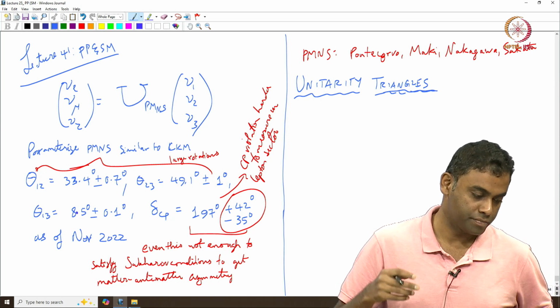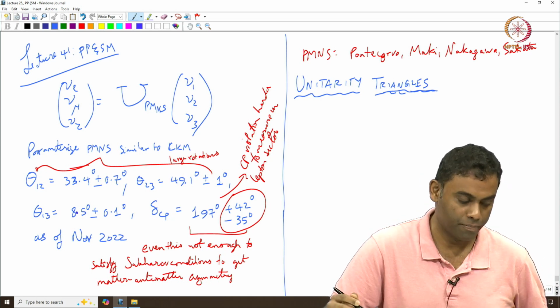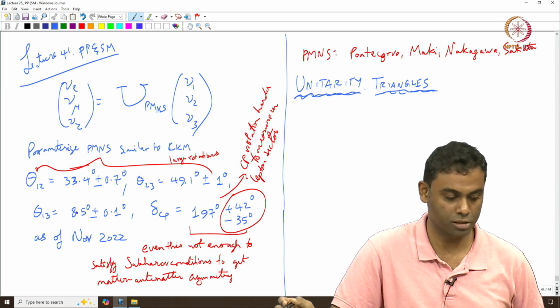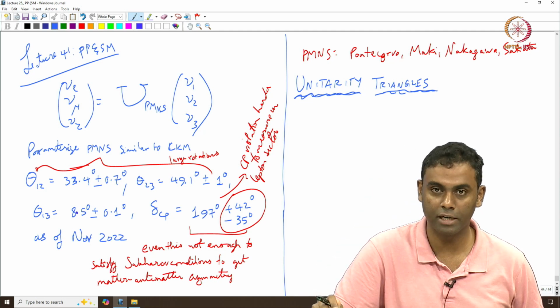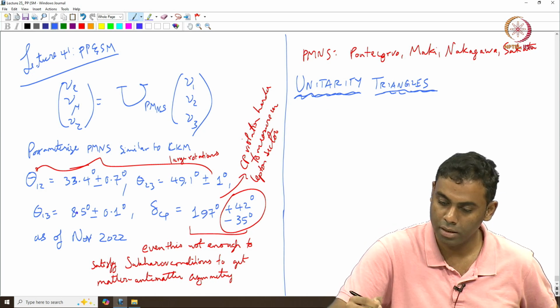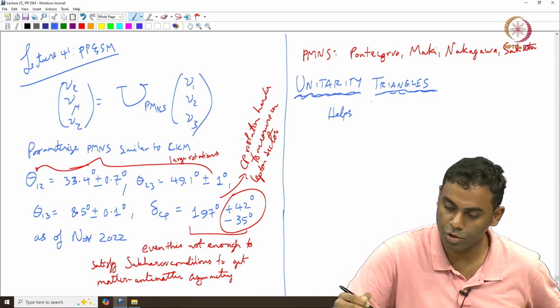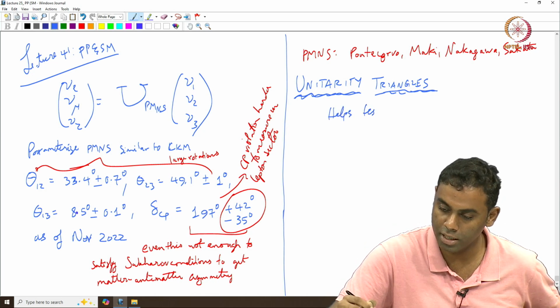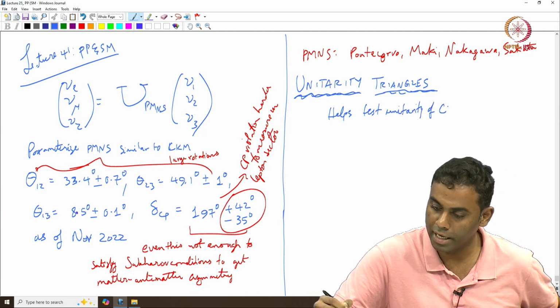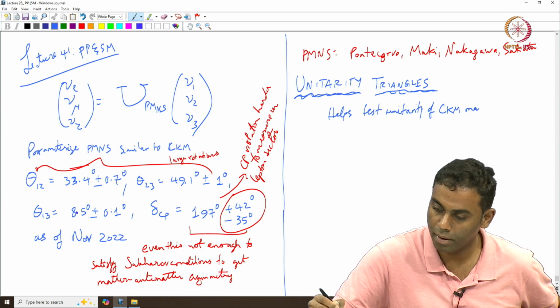So, a most important test is to construct what are known as unitarity triangles. So, where does a triangle come from? We will see. So, as motivation, let me just write down: helps test unitarity of the CKM matrix in experiments.